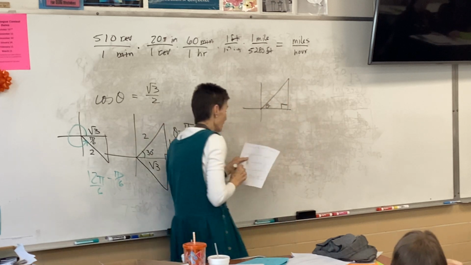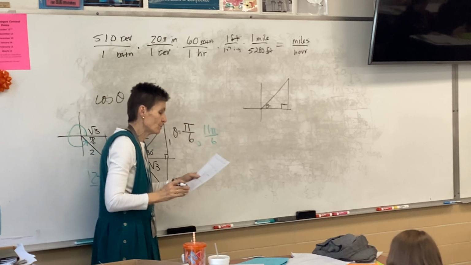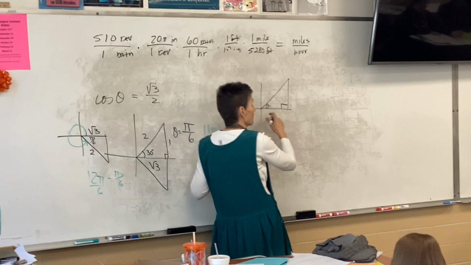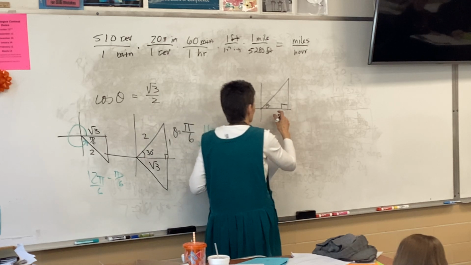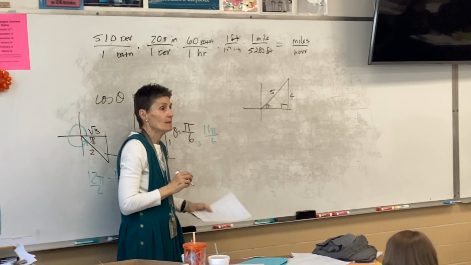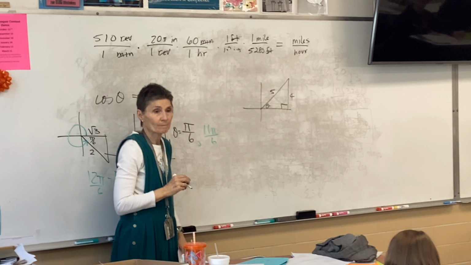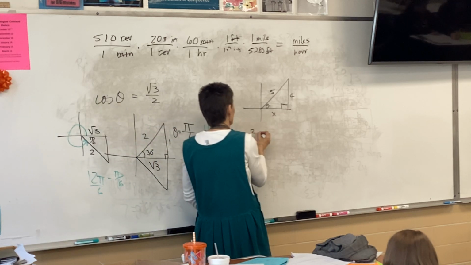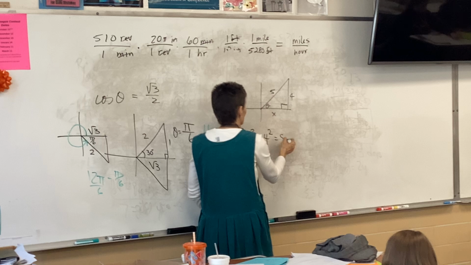All right, I've drawn this picture for you, so you're good to go. Sine is 4/5. What does that mean? Opposite over hypotenuse is 4/5. What do we need to do? Pythagorean theorem to find the missing side.